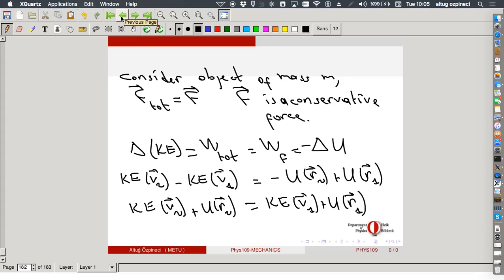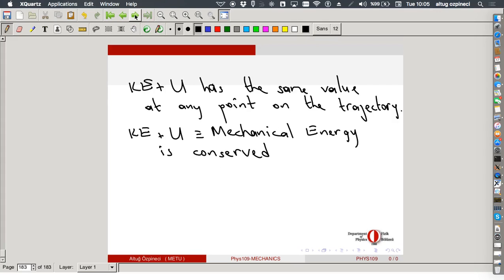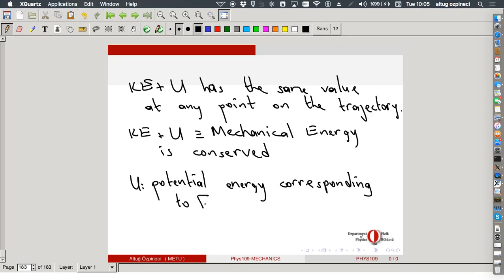This U is what we call the potential energy corresponding to F. So if there is a force F, if it's a conservative force, we can always define this function U. And once we define this function U, the potential energy, the kinetic energy plus the potential energy is always conserved.